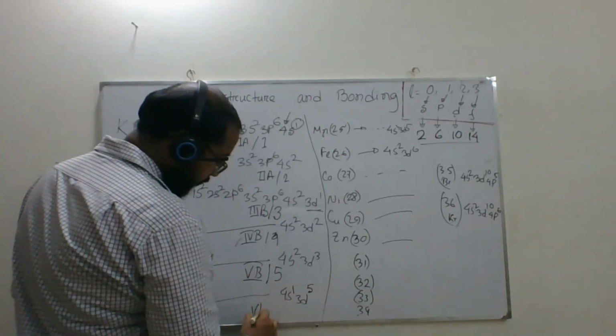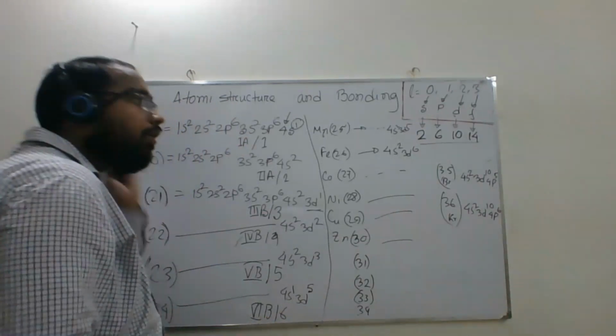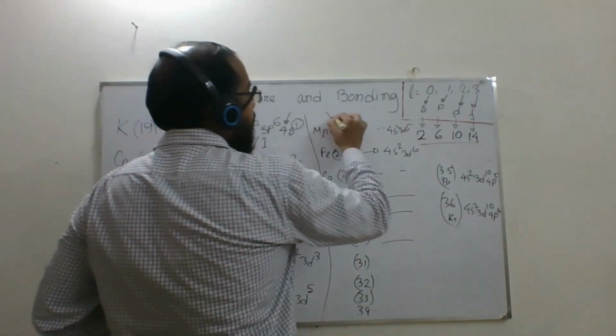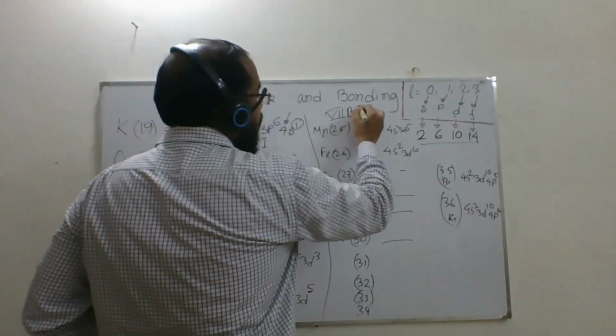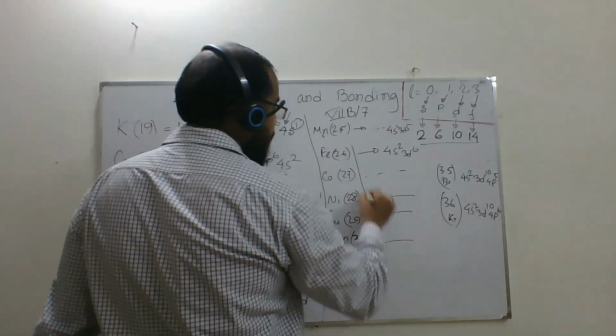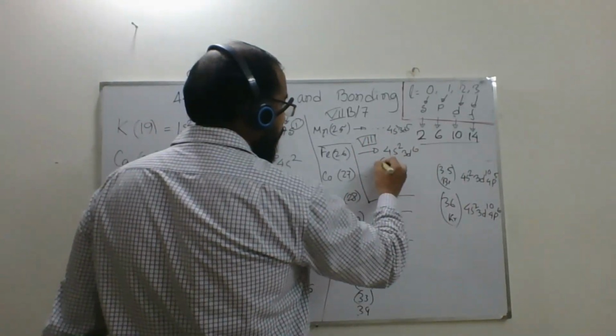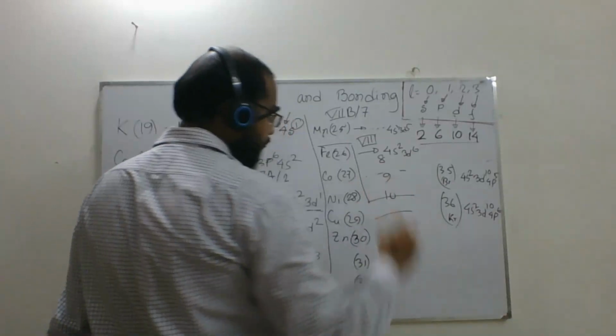For this one it is 6B or 6. For this one it is 7B or 7. For these three, all of them are group 8. In the modern system, this is 8, this is 9, and this is 10.